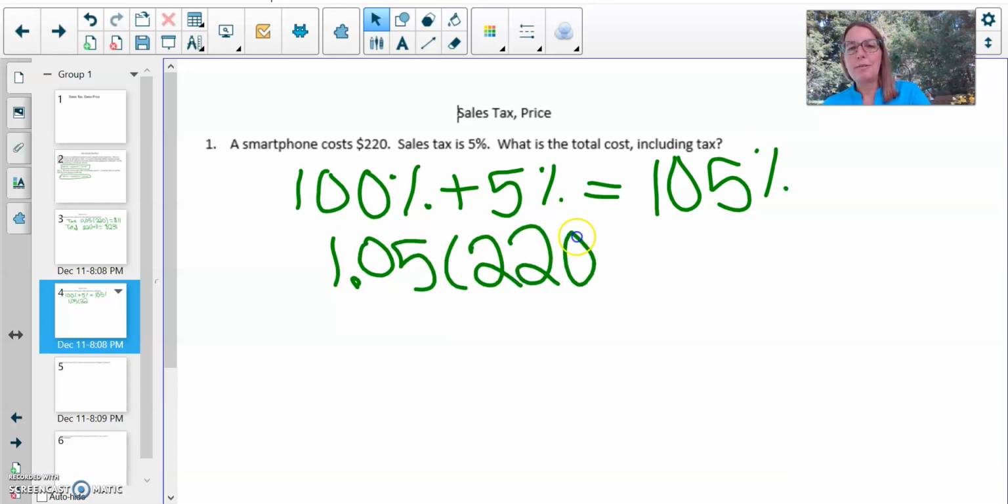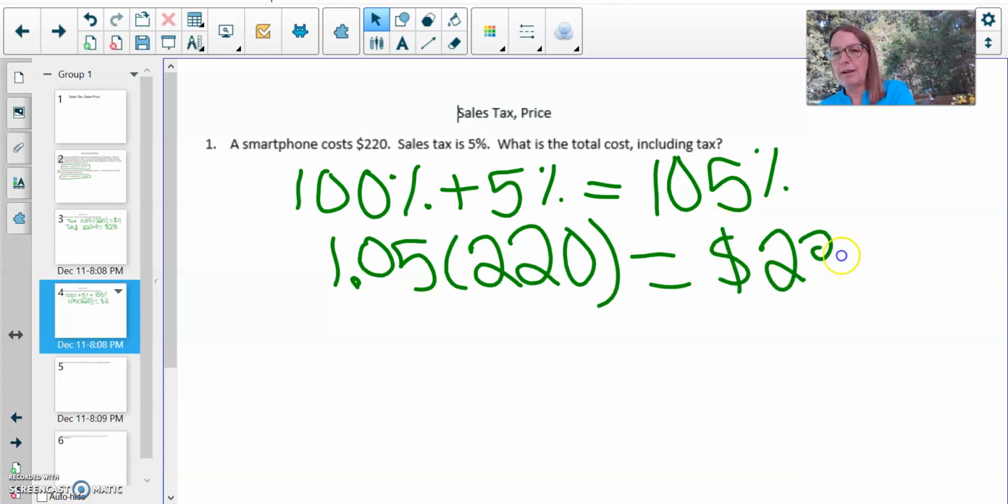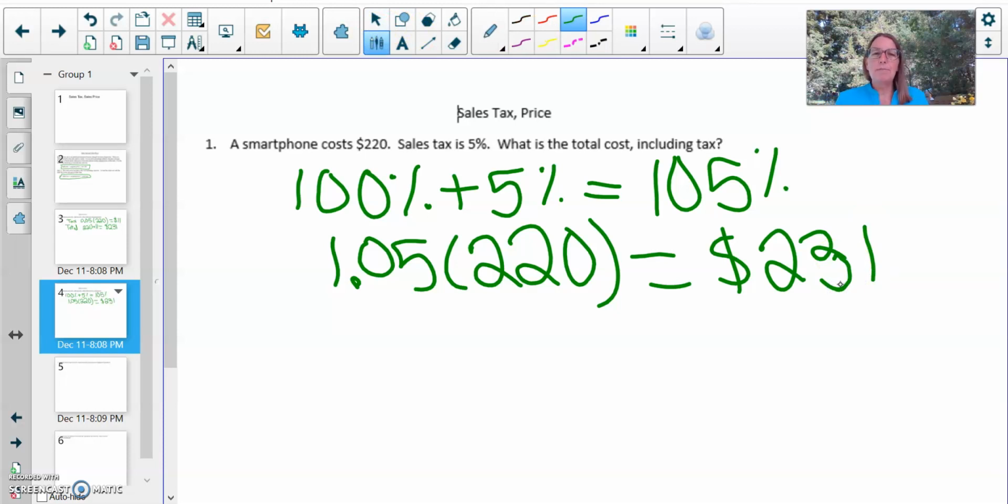Multiply it by the original price, $220. Multiply it out. We get the same answer we had before, but just a little bit quicker, $231. So this is the method that I prefer, but if the question specifically asks you to find the amount of the tax separate from the total price, then you would have to use that first method.